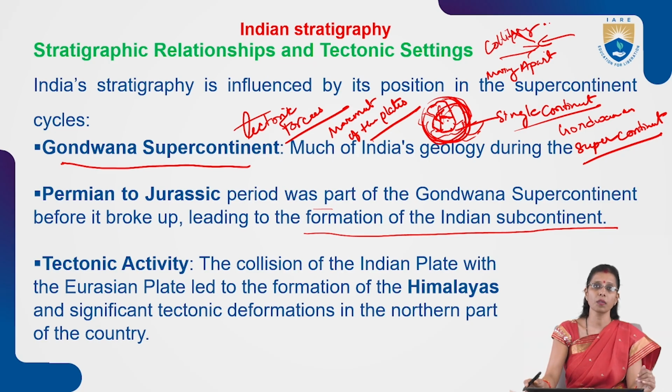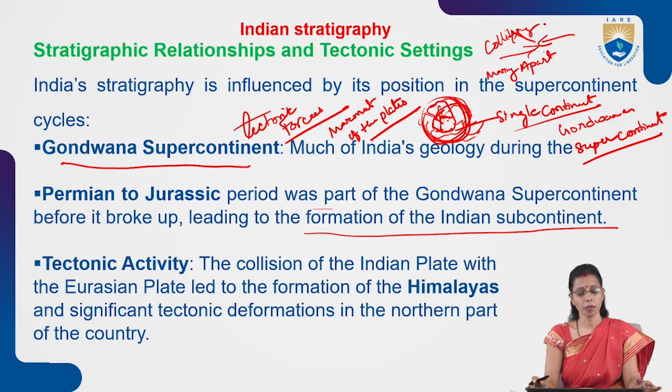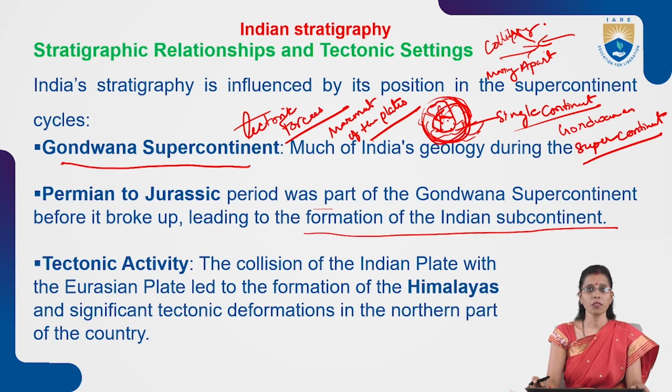Sometimes it is colliding, sometimes it is moving apart. So that age was the Jurassic age, and the formation of the Indian continent. Later, when it started moving apart, the Indian continent was formed. Now, the tectonic activity, as I said just now, the collision of the Indian plates.